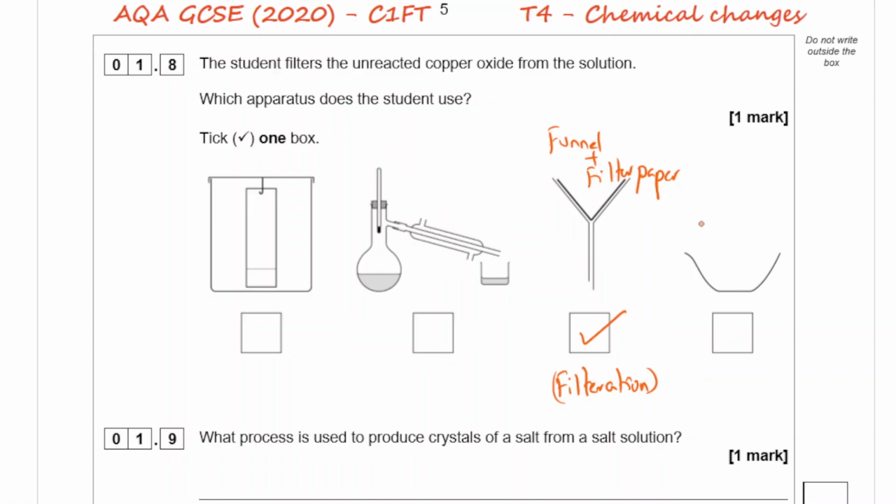Now here what you're seeing is an evaporating basin. Why would you use it? This is basically to carry out crystallization.